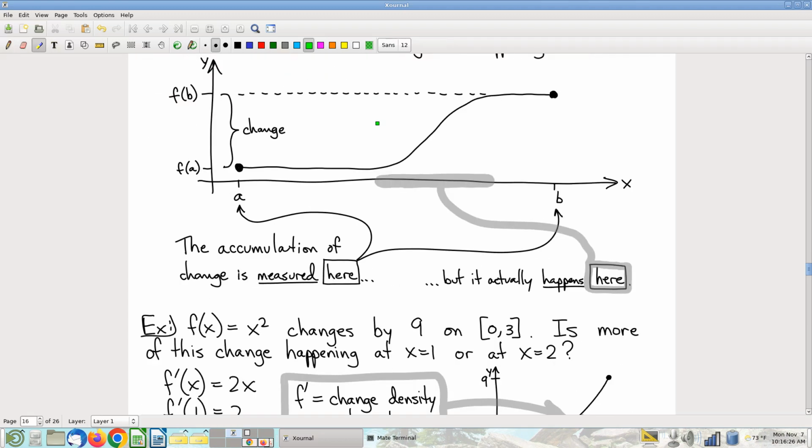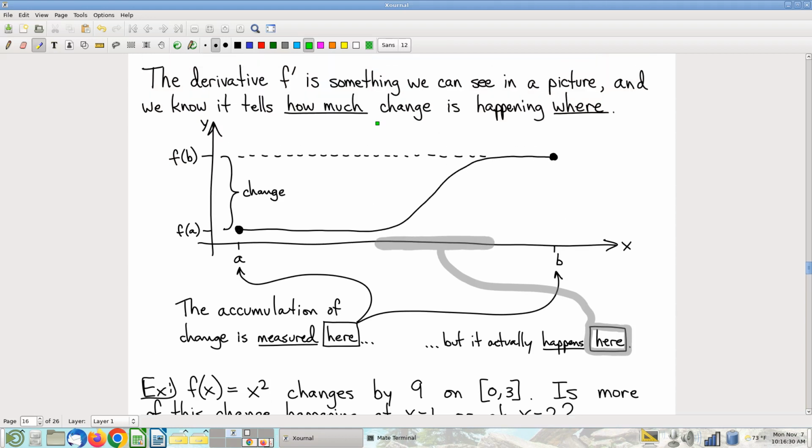I also think it's really helpful to point out that the derivative is telling you where change is happening. Sure, you measure it on the boundary, and that's how we compute the total change. But where did the change happen? The change didn't happen on the boundary. It just didn't. Look at that. This is where the change happens.